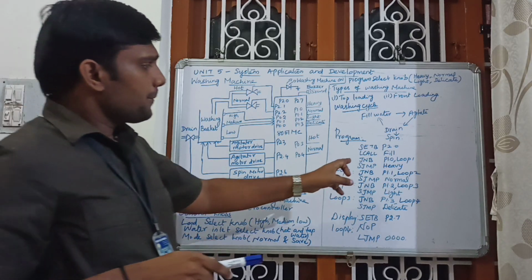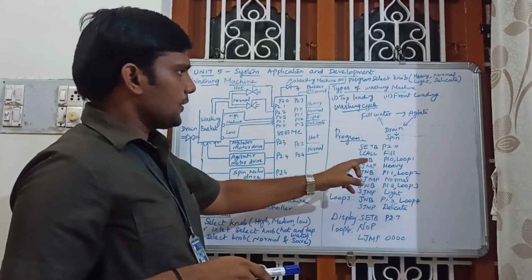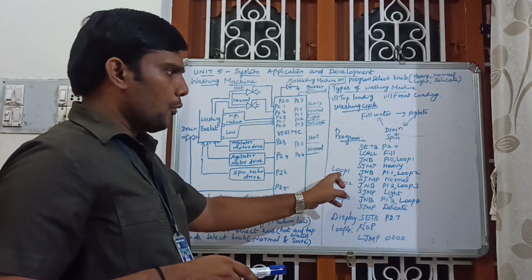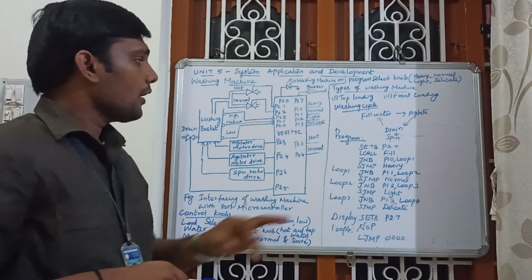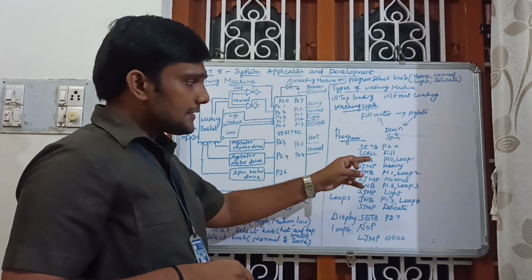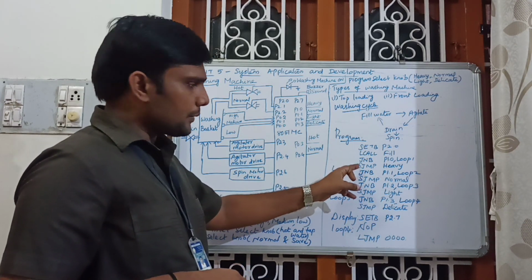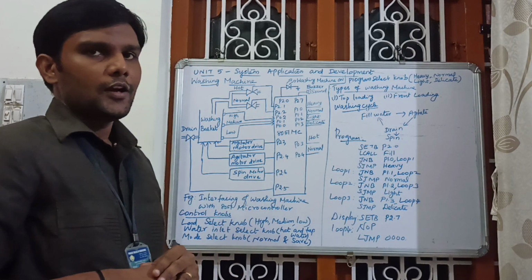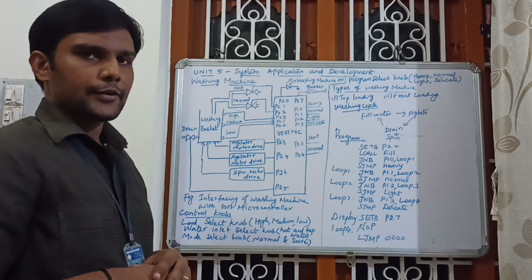Jump if the bit is not set: if heavy is not selected, control will be transferred to LOOP1. If heavy is selected, the next line will be executed, SJMP HEAVY, so the heavy subroutine will be called and the corresponding routine will be executed.